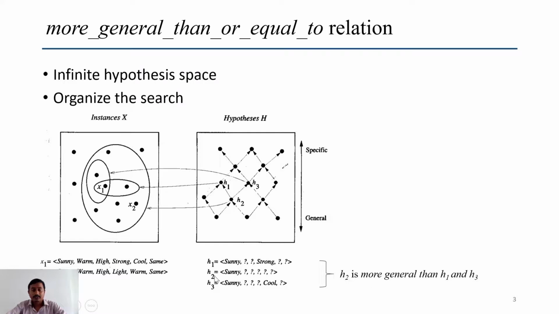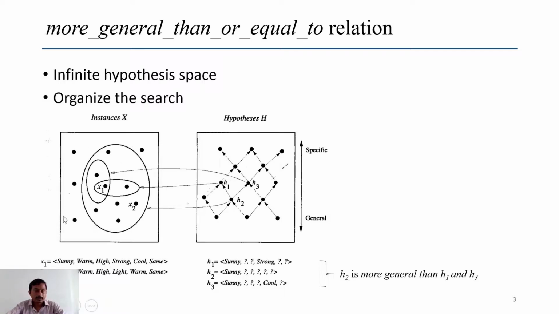As we can see, H2 puts less constraint as compared to H1. So we can say that H2 is more general than H1. The instances or training examples satisfying H2 will be more than those satisfying H1, right? Which is represented by this big oval.